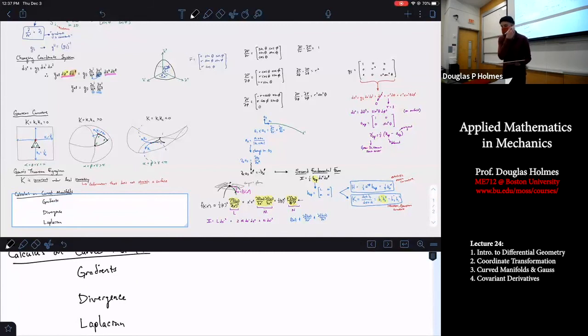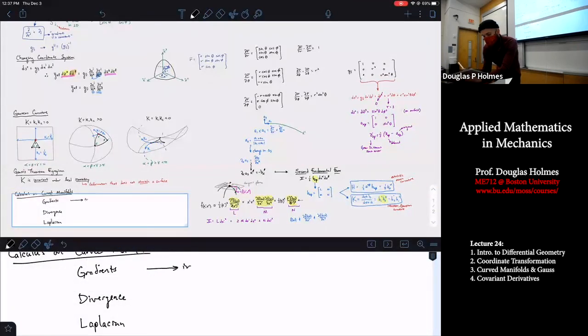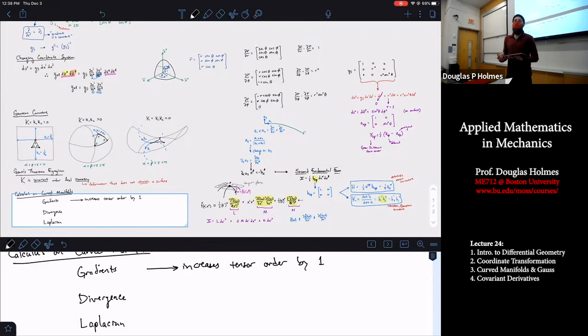And I think it can be really helpful to think about these operations as changing the order of your tensor. So a gradient increases your tensor order by 1. If I take the gradient of a scalar, like the temperature in this room, the output of that is a vector.